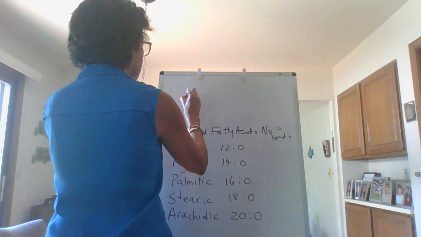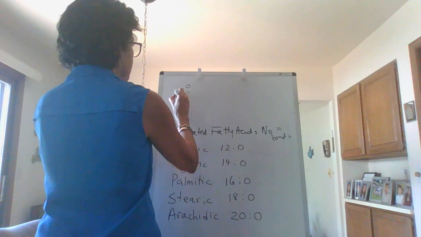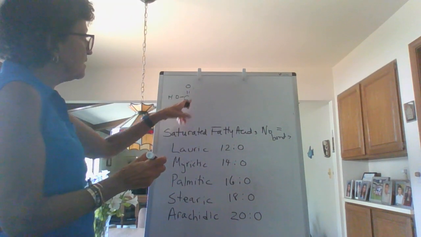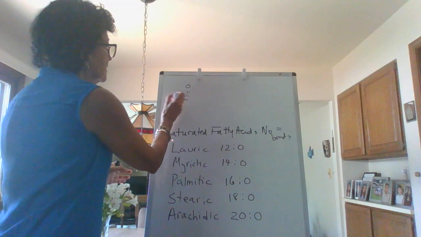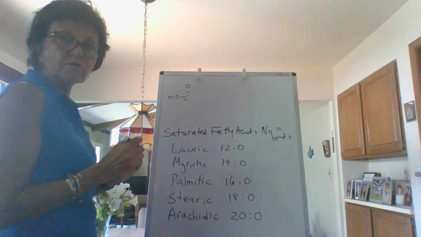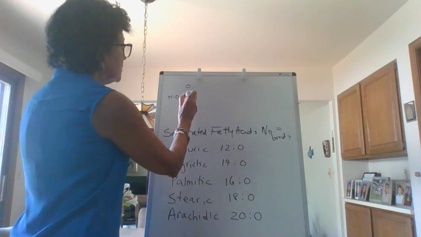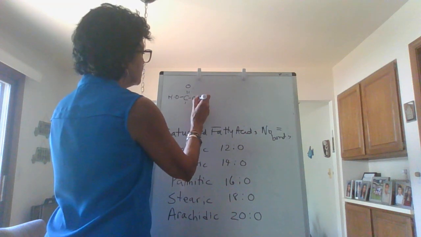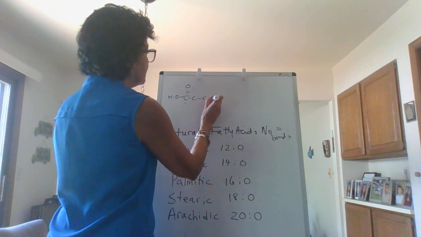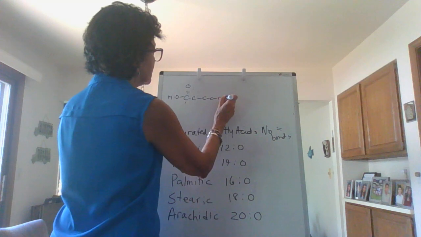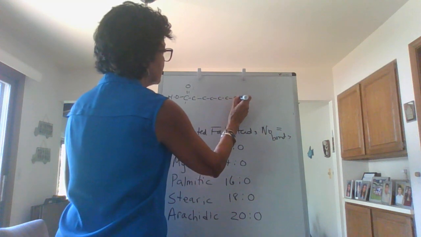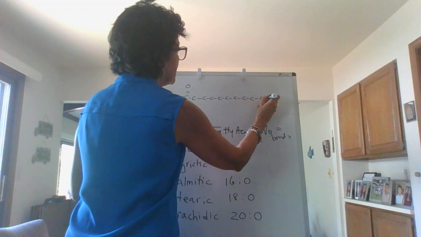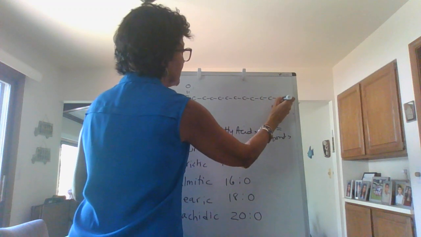So let's say here's my carboxylic acid group. Okay, do you remember that? Carboxylic acid, carbonyl OH. You can put a line here, you don't have to. Okay, and then we're going to have carbon. This will be carbon 1, carbon 2, carbon 3, carbon 4, carbon 5, carbon 6, carbon 7, carbon 8, carbon 9, carbon 10, carbon 11, carbon 12.